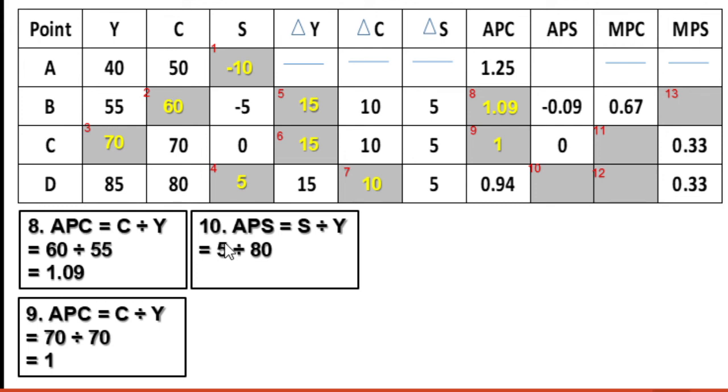Let me compute for that. Our answer is 0.06. Please change it with 85. And 5 divided by 85 is 0.06, rounded off.